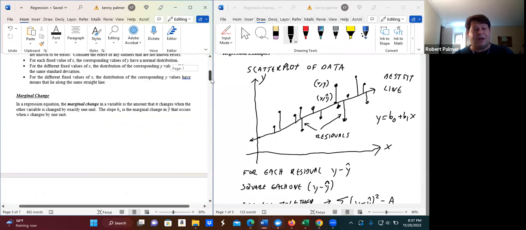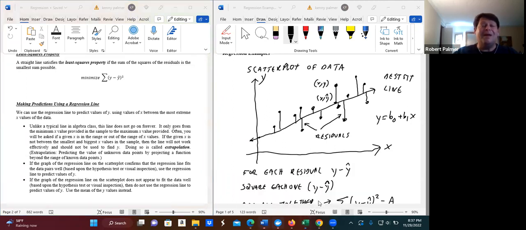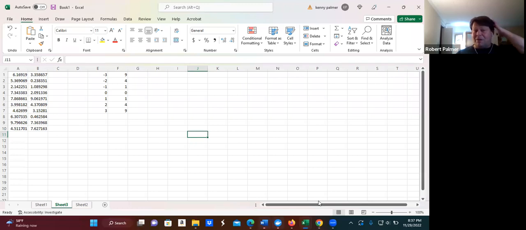First off, let's take a look at Excel. I'll show you how to do a best fit line. Also, I want to show you that for any kind of data, you can do a best fit line. You have to make sure you interpret it correctly and ask yourself if it's even reasonable for the data to be predicted by a straight line to begin with. So these are basically columns of random numbers between 0 and 10.